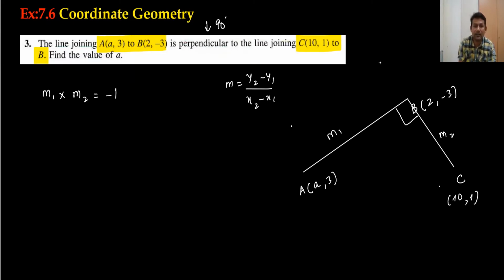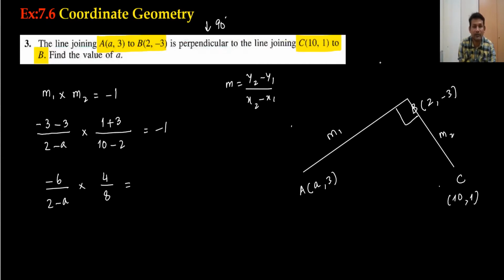So we can write -3 divided by 2 minus a, multiplied by the gradient M2. For M2 we can use 1 minus 3, which becomes minus, so plus 3, then we write 10 minus 2, is equal to -1. Now we can find the value. It's coming -6 divided by 2 minus a, multiplied by 4 divided by 8, is equal to -1.